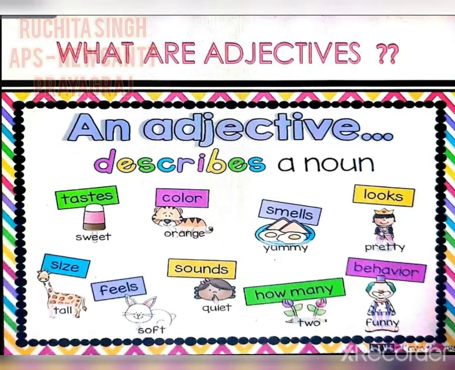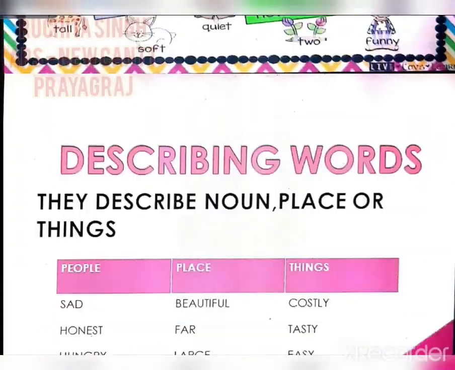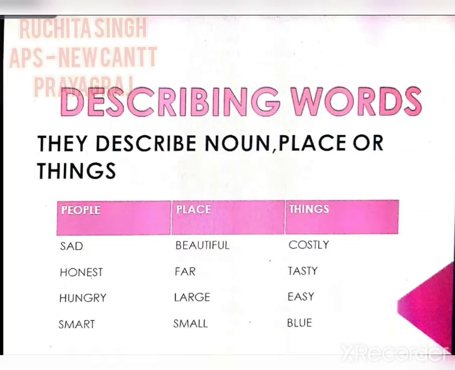So those words which describe a noun are called adjectives, and they are also called describing words. They describe people, place and things. So I have written few examples of those words which can describe people. We can say a person is sad, or a person is honest. Then a person can be hungry.